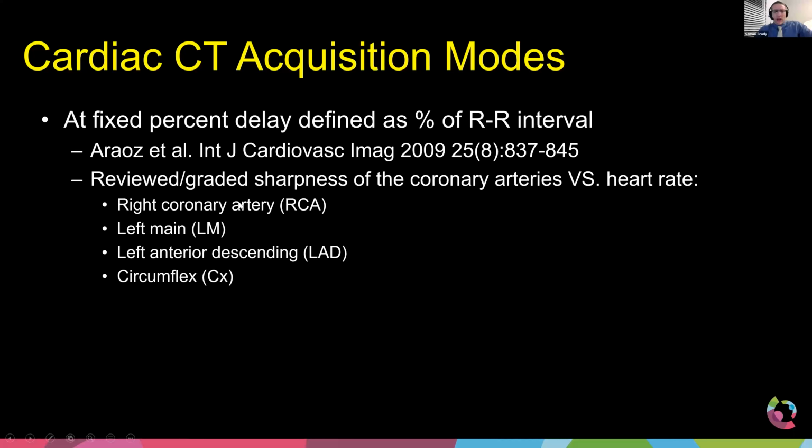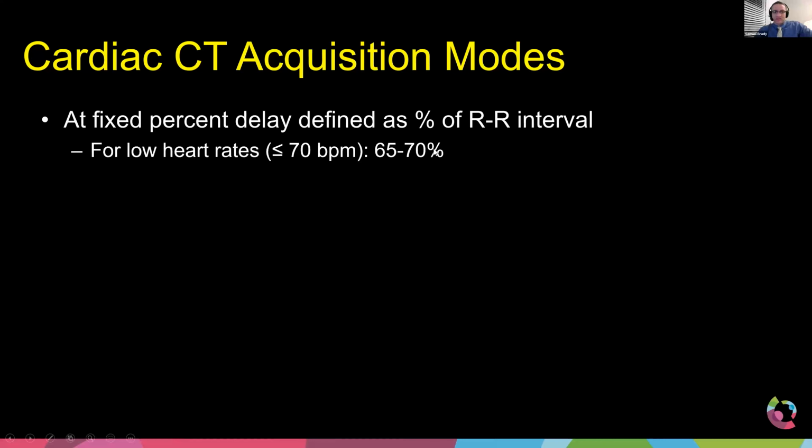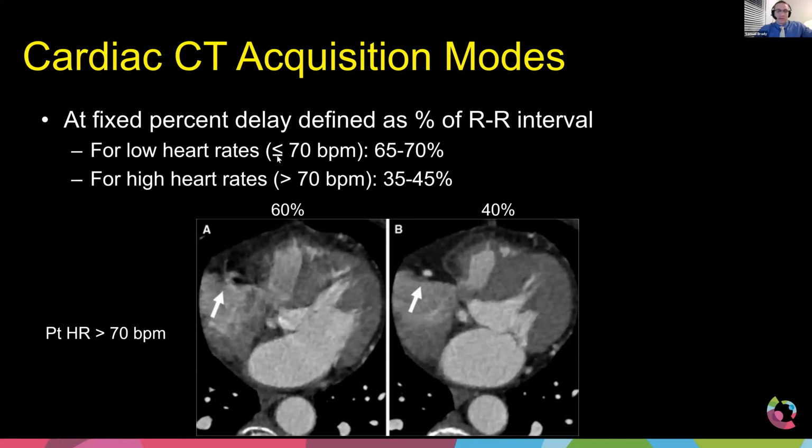Tell me, how do these arteries look? Tell me the sharpness. Do these coronary arteries look good? Can you make your diagnosis? And basically what they said was for low heart rates, they defined low heart rate as anything less than 70.